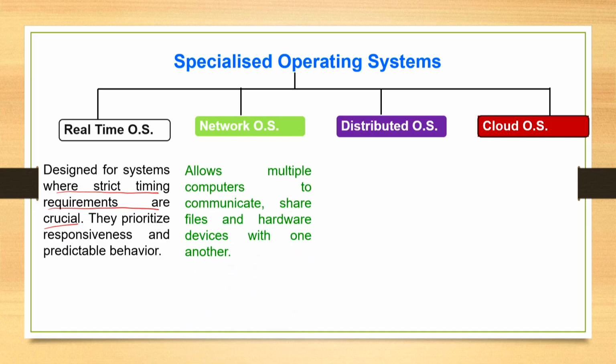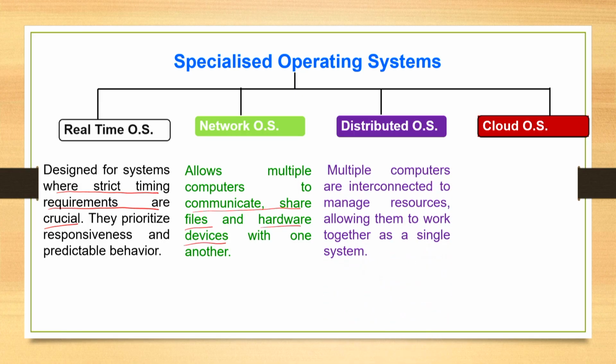Whereas a network operating system allows multiple computers to communicate, share files and hardware devices with one another. In the case of a distributed operating system, it allows multiple interconnected computers to manage resources, allowing them to work together as a single system.